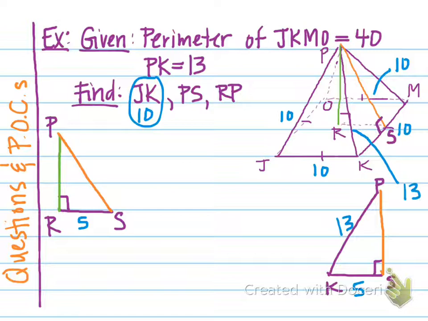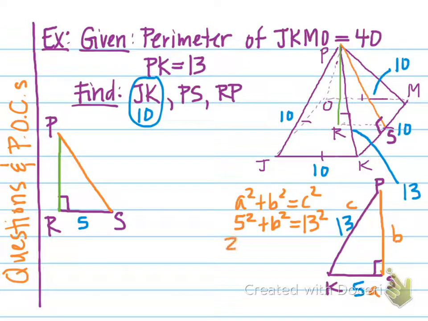Okay, so we've got A, B, and C. A is 5, so we have 5 squared. B we don't know. C is 13, so we have 13 squared. 5 squared is 25. B squared we're not sure. 13 squared is 169.